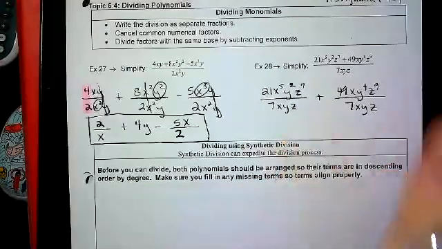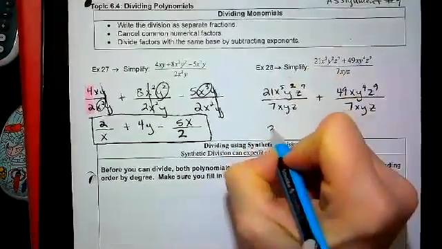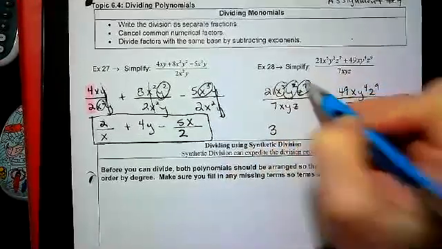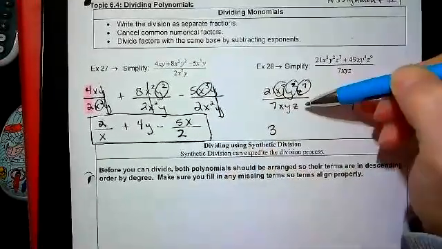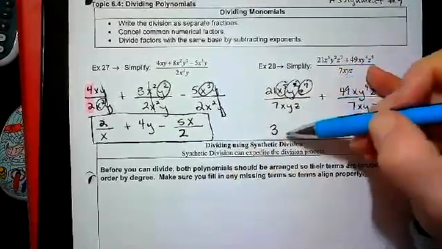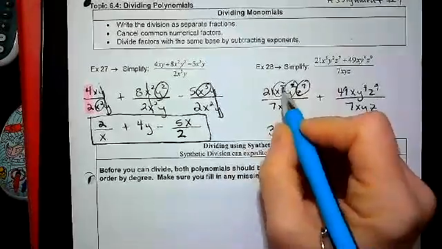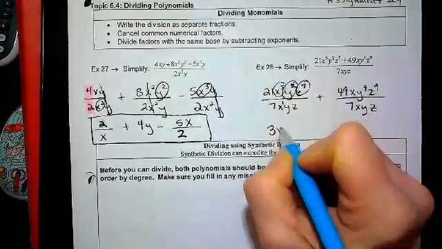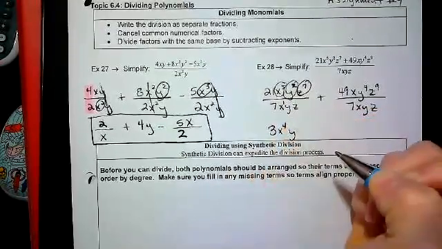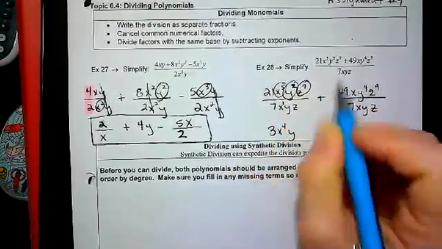Okay, 7 goes into 21 3 times, and what I notice is all the exponents are bigger on the top, so it's like it's dividing it all up into the top, so you won't have anything left in the denominator. So for x, 5 minus 1 is x to the 4th. For y, 2 minus 1 is y to the understood 1, so I'm not going to put that understood 1.